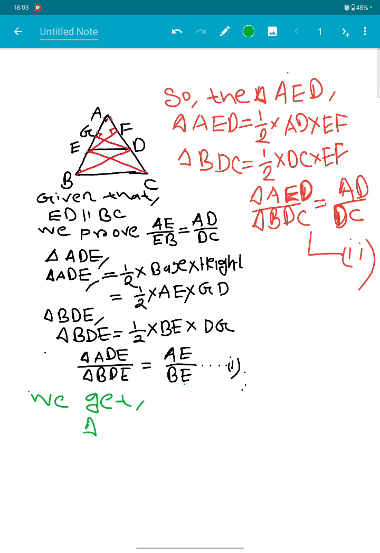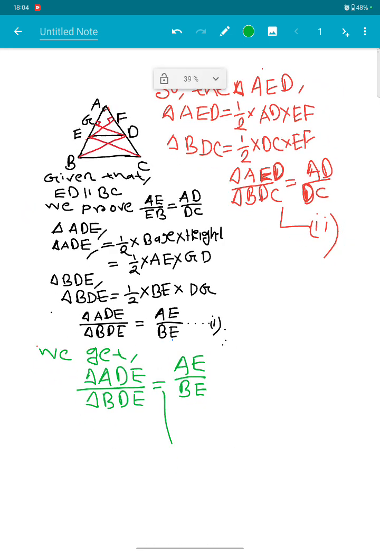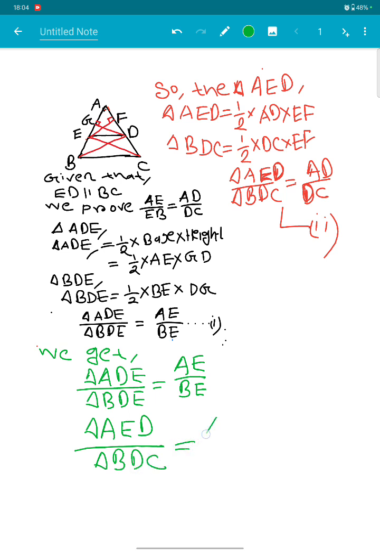One equation is area of ADE divided by area of BDE equals AE divided by BE, and another equation is triangle AED divided by BDC equals AD divided by DC.